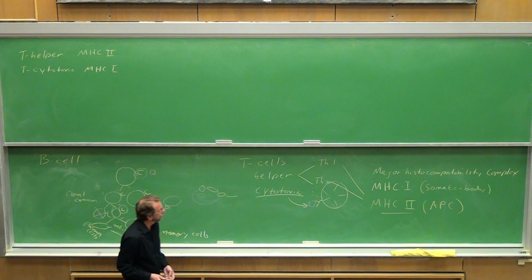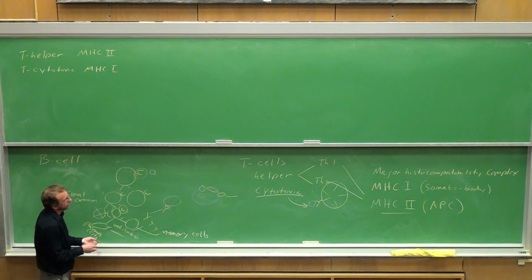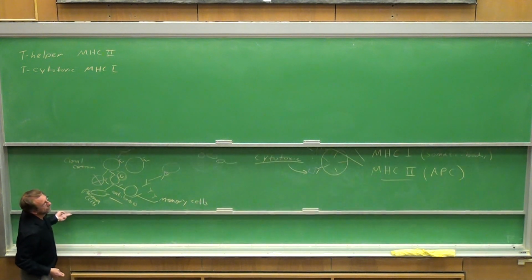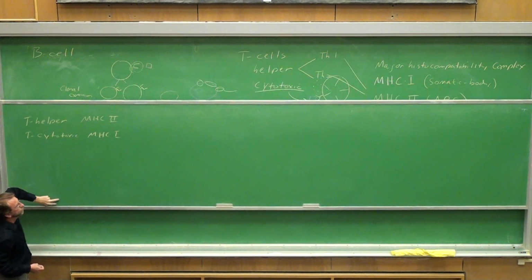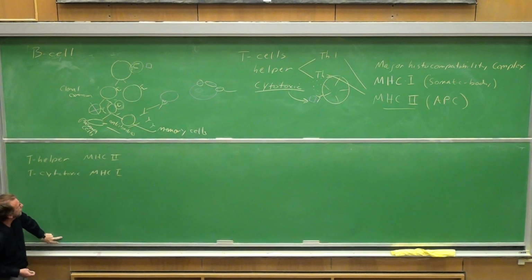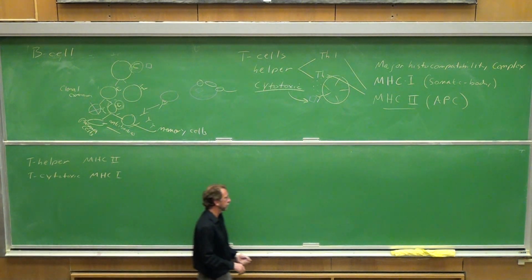Okay. Let's turn our attention to one more type of white blood cell we haven't really talked much about. It's also a lymphocyte. It's the natural killer cells.